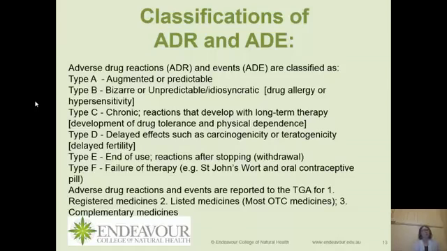A type F adverse drug reaction. So these reactions or events reportable to the TGA, whether that substance, as we said, was a prescription medication, an over-the-counter medication, or a complementary medicine.